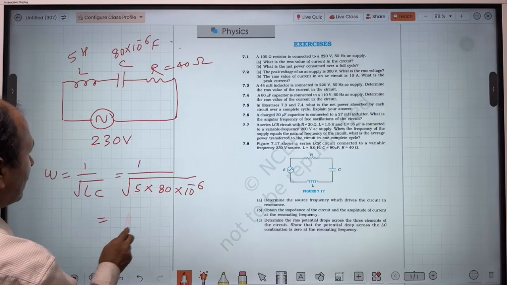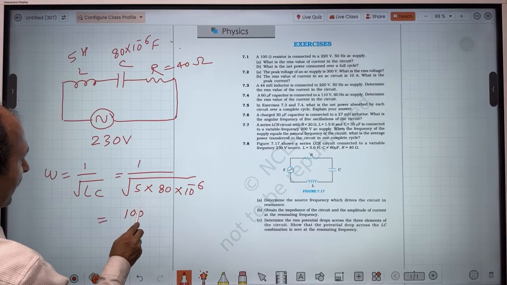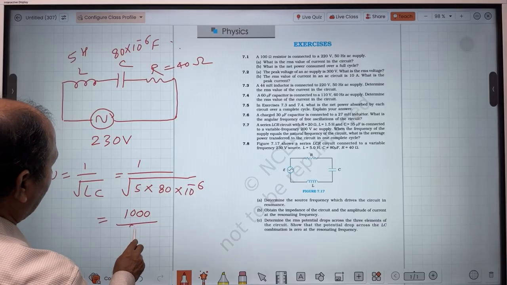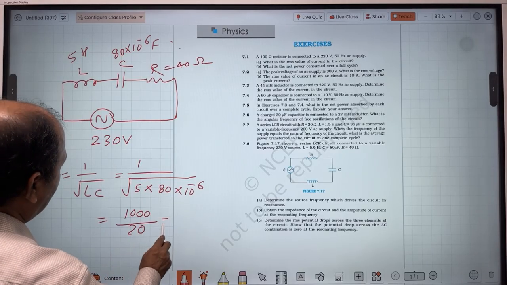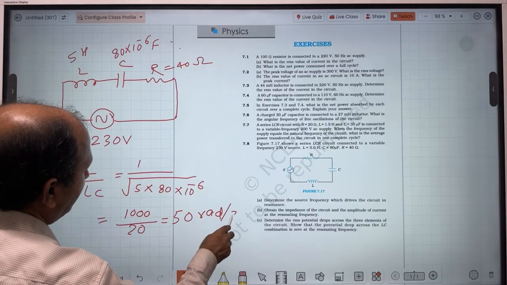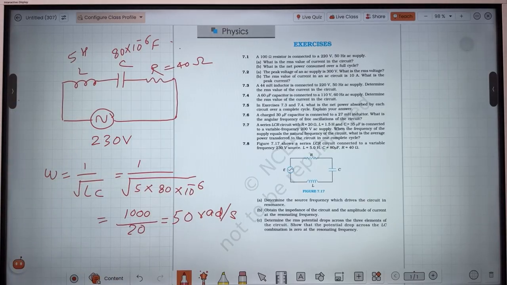So minus 6 will go in the numerator, this will become 1000, and inside the root it will be 400, which will give 20. So it will be 50 radian per second, right? So we have got the angular frequency.